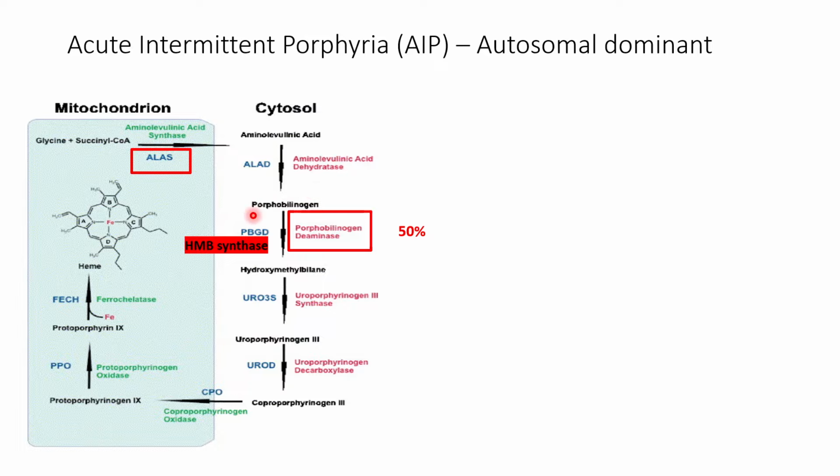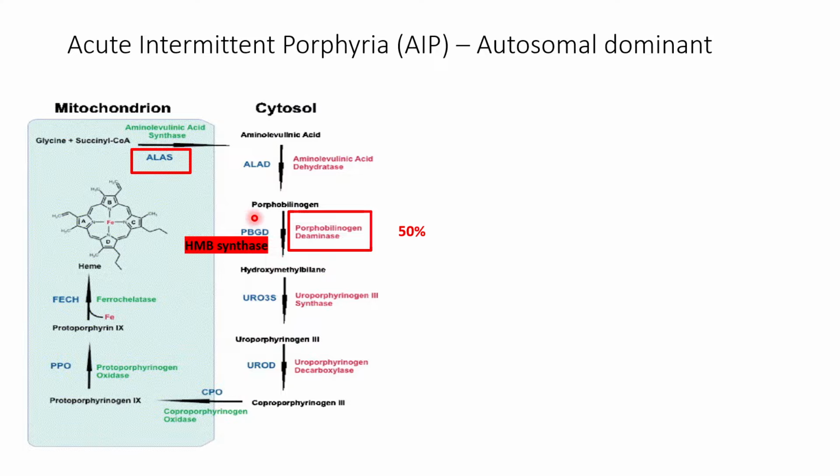In acute intermittent porphyria, 50% enzyme activity was sufficient to convert all the porphobilinogen to hydroxymethylbilane. But if the concentration of PBG increases, the enzyme is not sufficient to convert all of it into hydroxymethylbilane. As a result, PBG will increase.